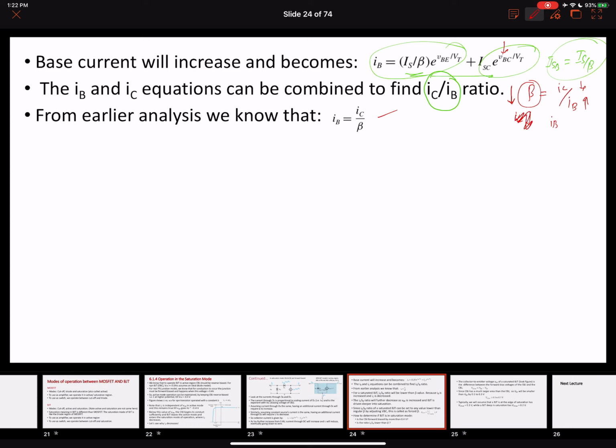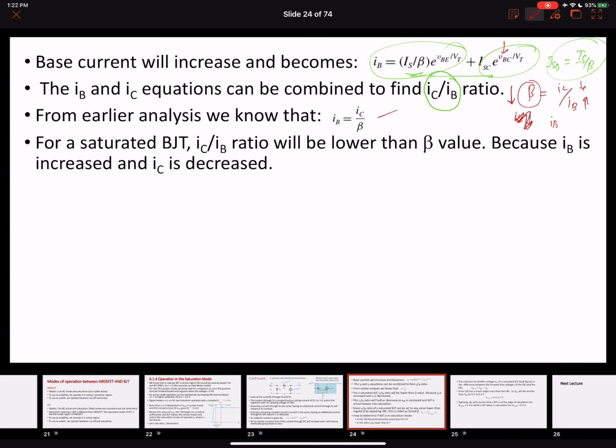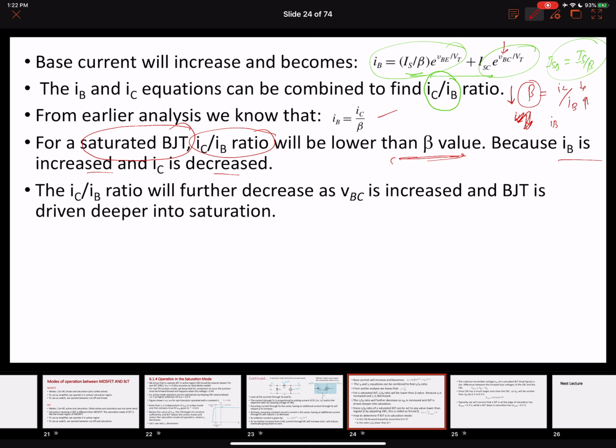So our current gain in the saturation mode of operation will reduce, right? So in a saturated BJT, this ratio will be lower than the value of beta, because our base current is increasing and the collector current is decreasing.